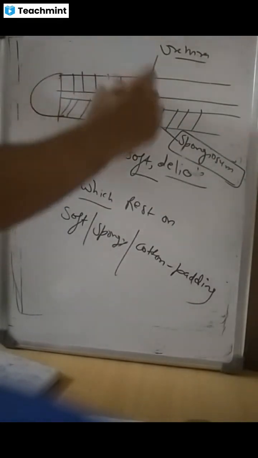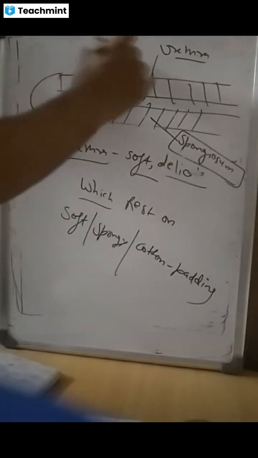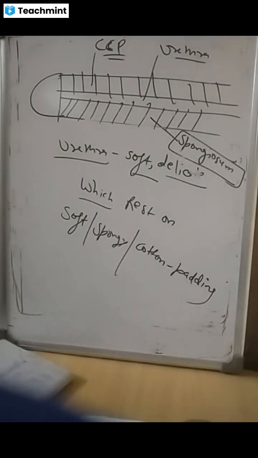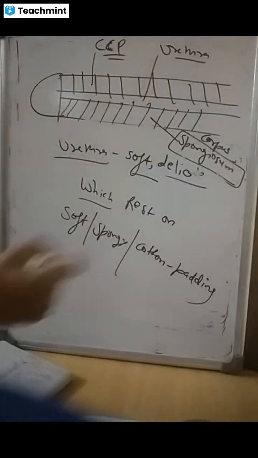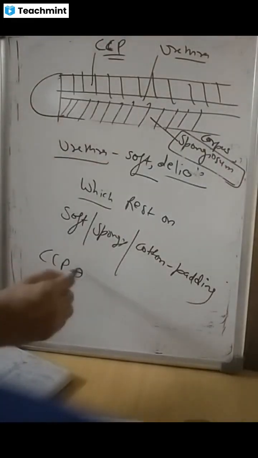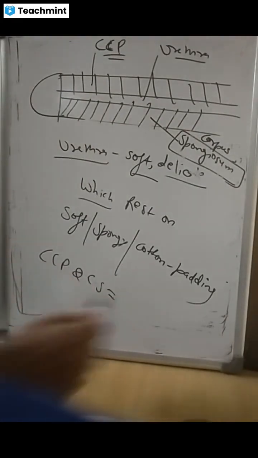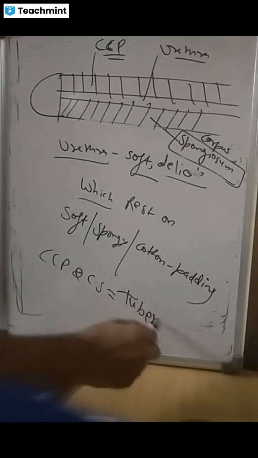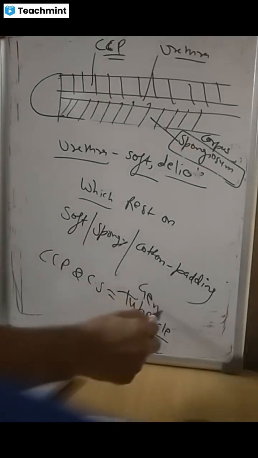The muscles which are there are known as corpus cavernosa. So this corpus spongiosum and corpus cavernosa, their origin is also from the genital tubercle.